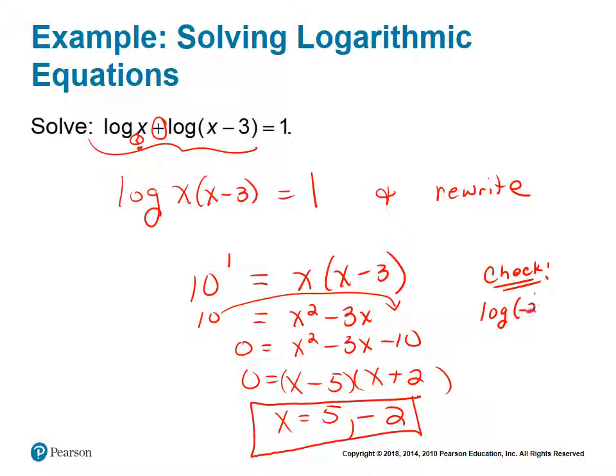Log of a negative 2 plus log of a negative 2 minus 3. That is impossible. So we would say that the negative 2 does not check. The only solution is the 5. And this is how you go about solving both exponential and logarithmic equations.